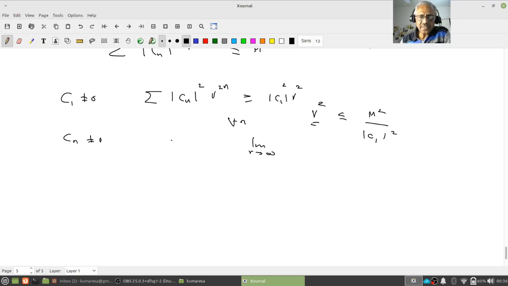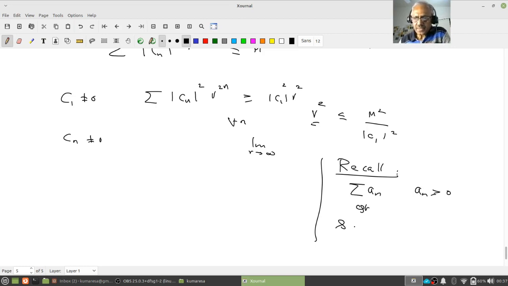And what did I use here? Again, let us recall, because many of you may not have gone through my analysis course. Recall, if the an are non-negative and the series is convergent, the sum is nothing other than the LUB or supremum of the partial sums Sn. You understand?